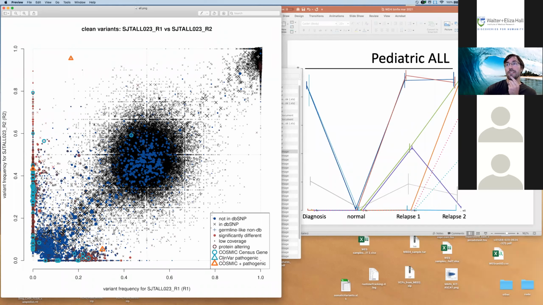So these variants up here are variants that are 100% in relapse 1, and then in relapse 2 after the bone marrow transplant, they drop down a bit from 100 down to like 90, 95. So you start getting a bit of reference reads in that location. Still reads that align well to human, but without that variant that was homozygous in the first one.